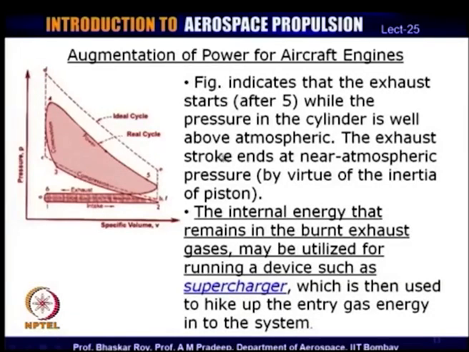Now, one of the ways of getting around this is by what is generally known as an augmentation procedure, and in this an attempt is made to raise this intake pressure to a higher level through a process which is known as supercharging, and a device that is called a supercharger, which raises the intake pressure to a higher value.